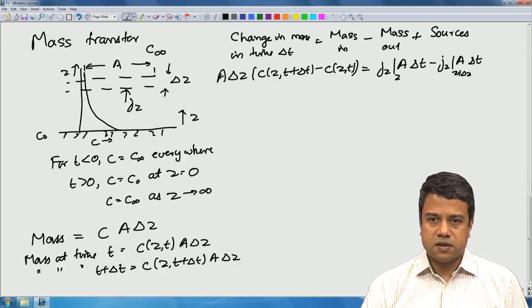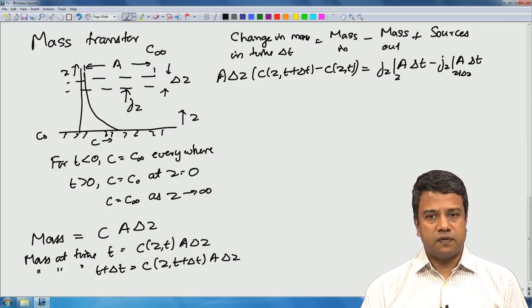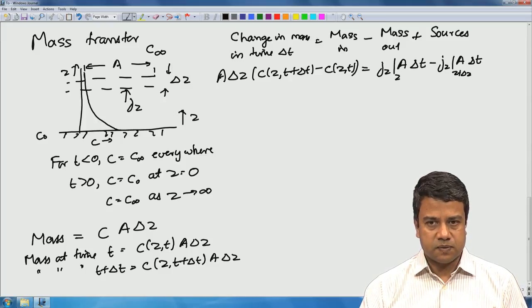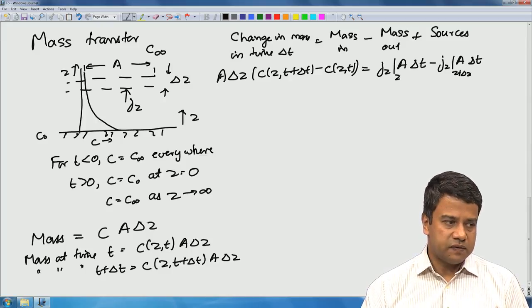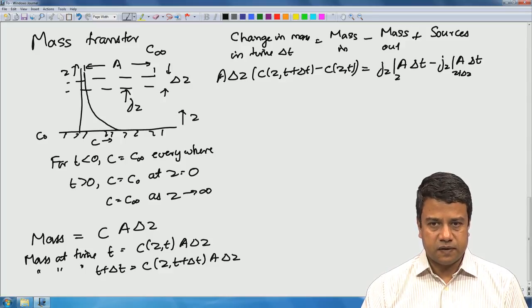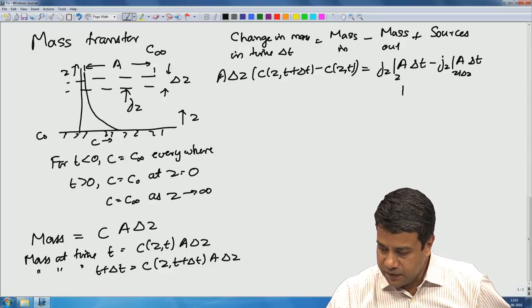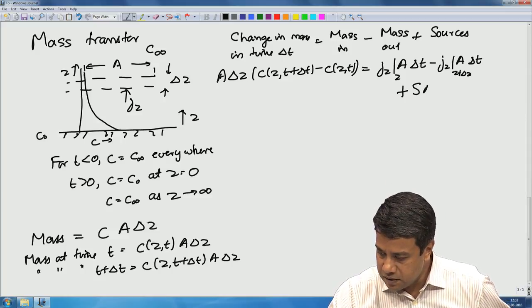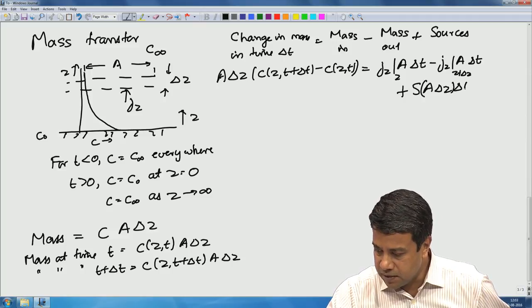These sources or sinks of mass within a time delta t will be of the form of a rate of generation or consumption. Generation will be positive, consumption will be negative. So, it will be of the form a rate of generation or consumption times the volume, times the time interval.